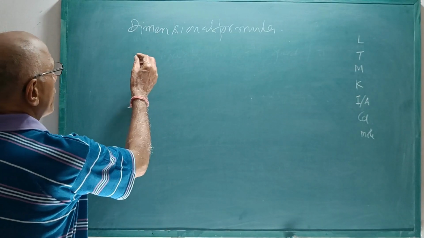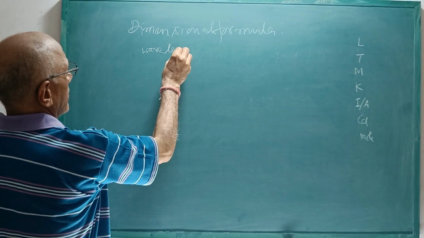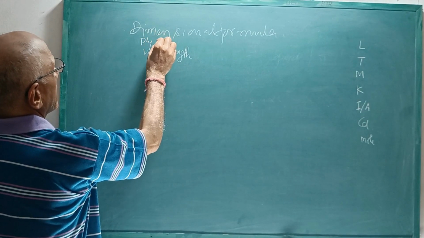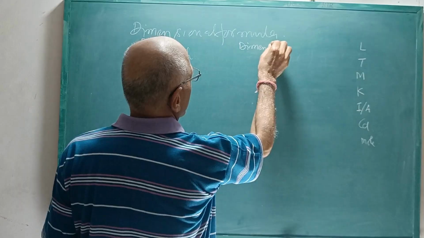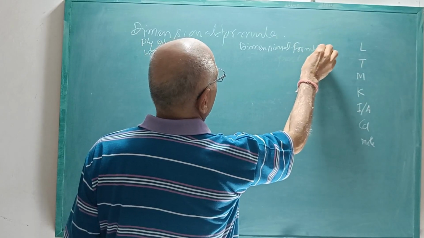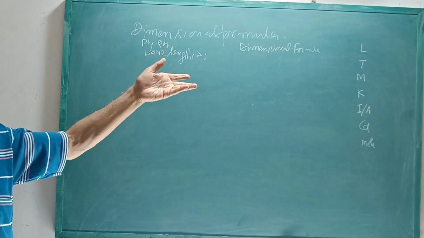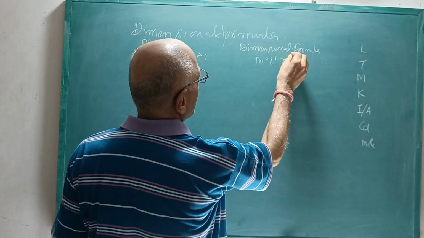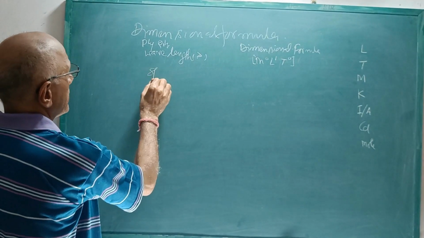So let us say we talk of the wavelength. Here we will have the physical quantity, and here we will have the dimensional formula. The wavelength is actually a length. So the dimensional formula for the wavelength will be M0 L1 T0 only. Then we go for the speed.